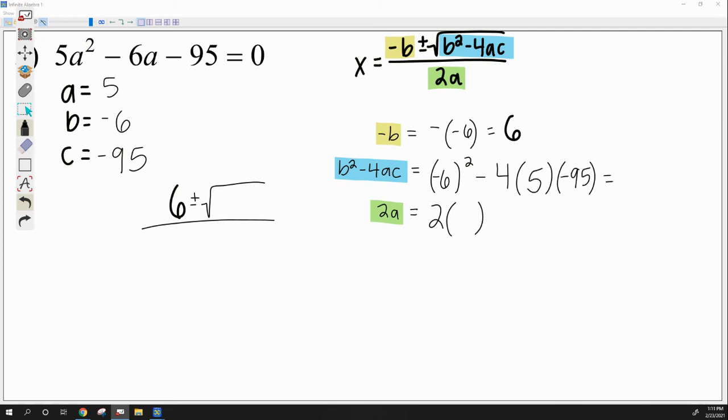When you type those in, what did you get? The big number. Okay, 1,936. Good. And then 2a. A is 5. So what's 2 times 5?